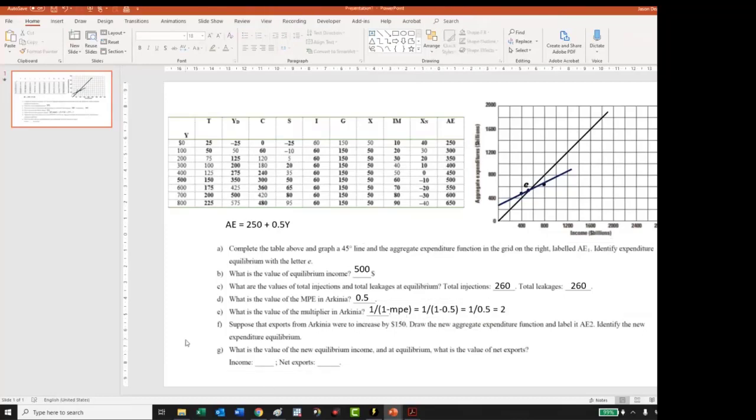Now it says, suppose that exports from Armenia were to increase by 150. So we have a new injection. Draw the new aggregate expenditures function and label it AE2. So now we know that the aggregate expenditures function is going to shift up by 150. Unfortunately, this graph doesn't have the best numbers chosen, but this is going to shift upwards 150.